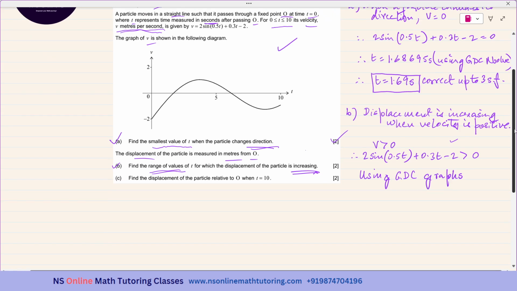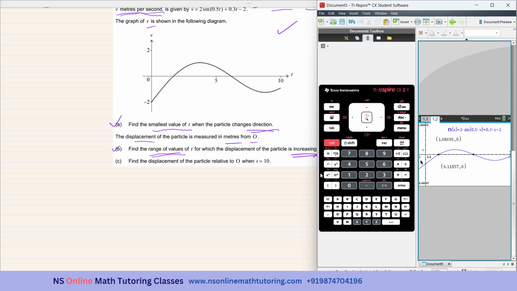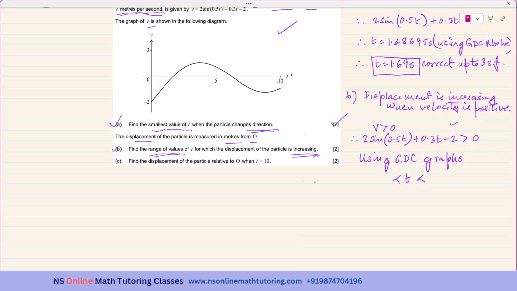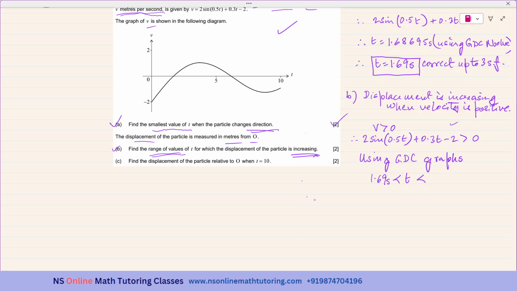Range of values, so we have to give the time interval. t should be between these two. One is 1.69, and the second one is 6.12, correct up to 3 significant figures.